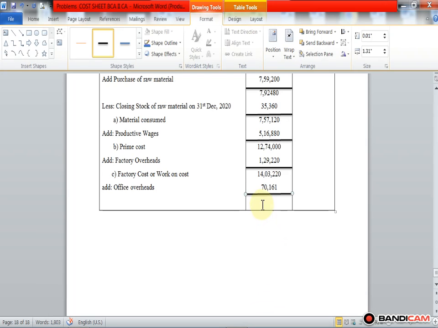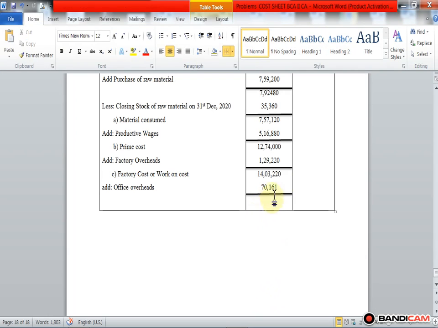So here we only find out the total cost. When we add the office overheads to work cost, we get the total cost. Here total cost is 14 lakh 73,381.